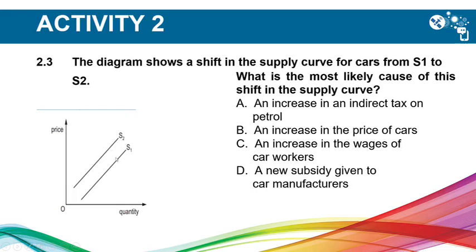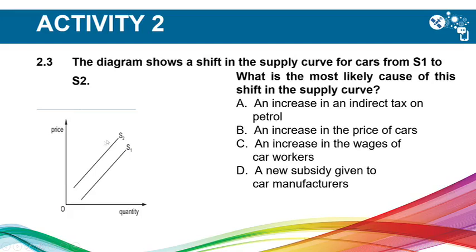Once again, when the demand or supply curves move to the left, what does that mean? If your supply curve or demand curve moves to the left, your quantity has decreased. So there's been a decrease in the supply from S1 to S2.